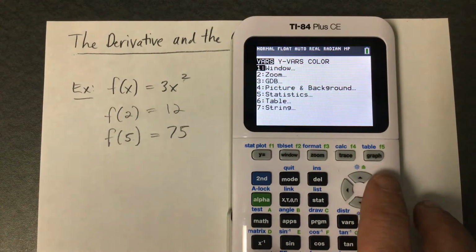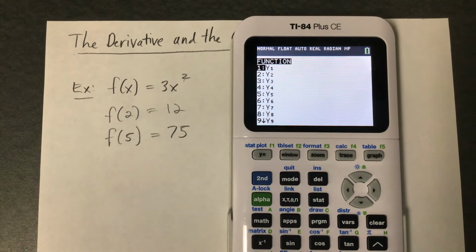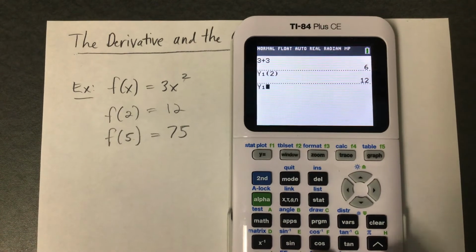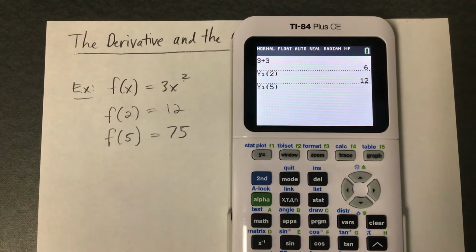I'm going to arrow over, select y sub 1, push parentheses, and enter 5. Again, our calculator will do that for us. I think you'd understand that's a big advantage if this function was complex and I had to calculate multiple values. If I just had to calculate one value, it might not be as big a deal. But oftentimes we're checking multiple values in this class, so that's one function where the calculator can save us some time.